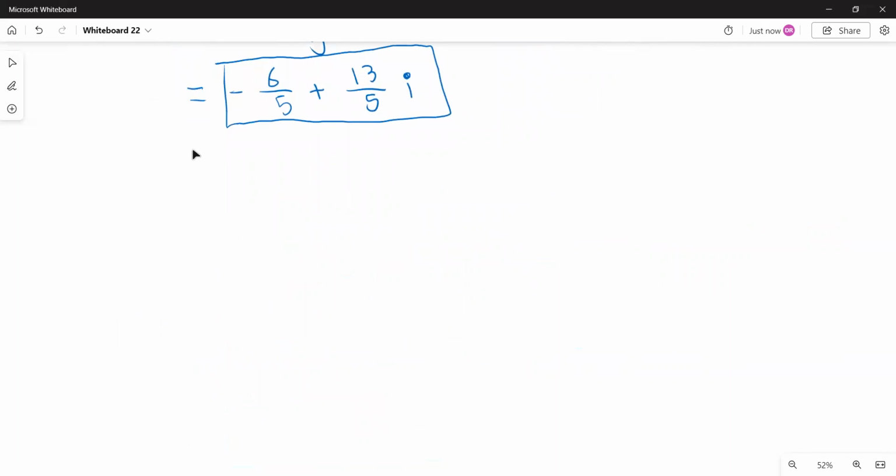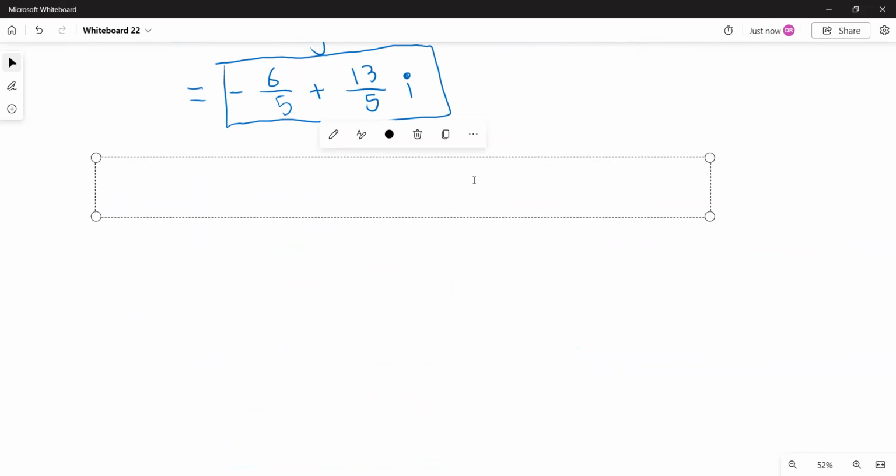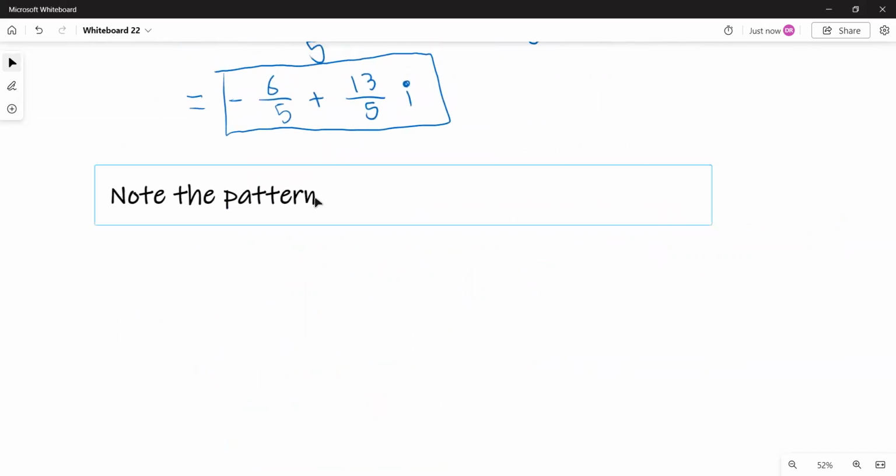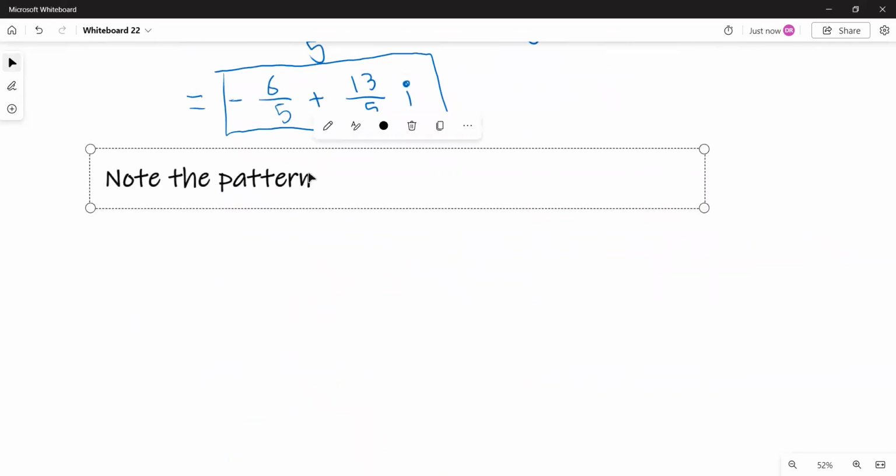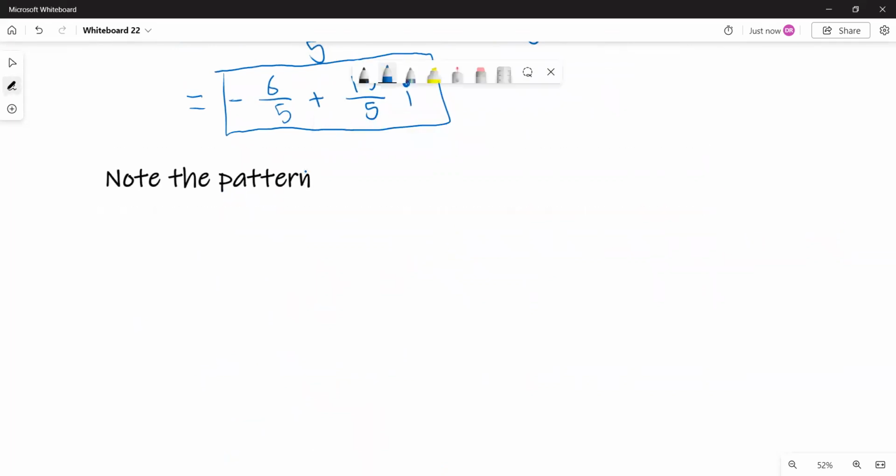Okay, notice the following pattern. We know that any non-zero number to the 0 power is 1.